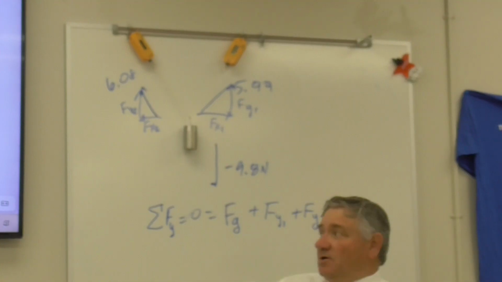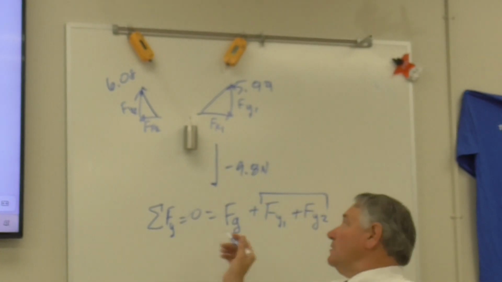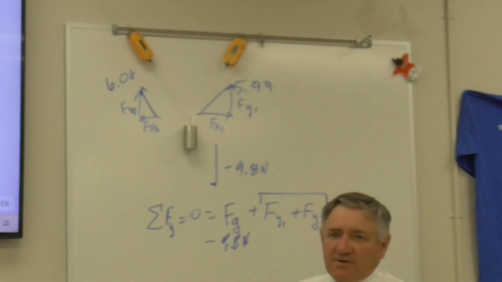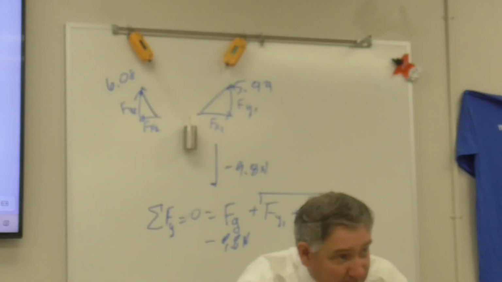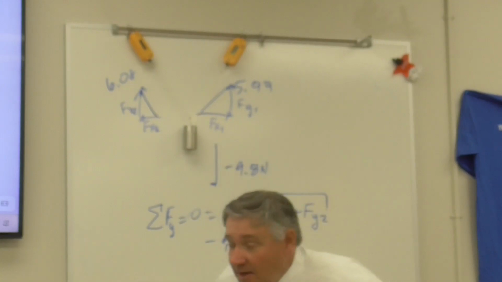These two values have to balance out the negative 9.8, so those two forces have to add up to a positive 9.8, because that's the only forces that you have.